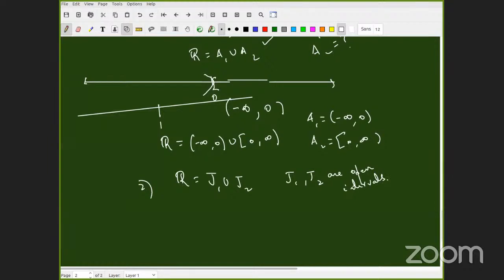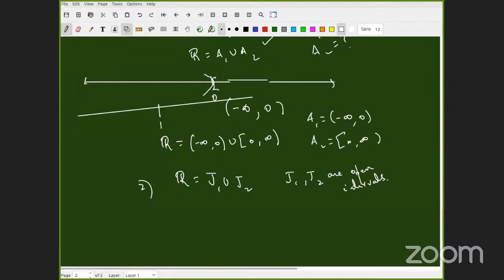Again, I want R as J1 union J2. J1 and J2 are open intervals. So this example is not allowed because here I'm using closed at 1.